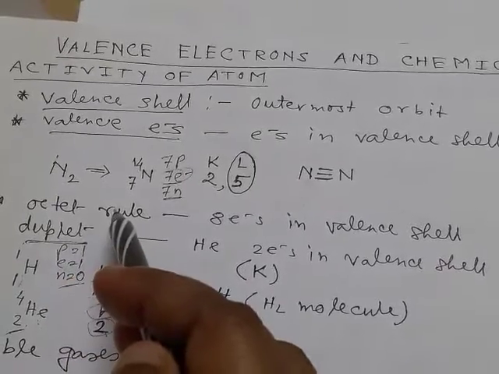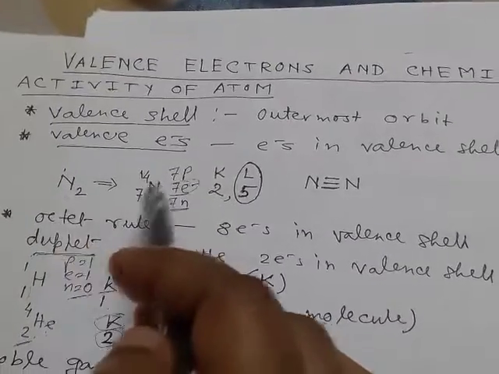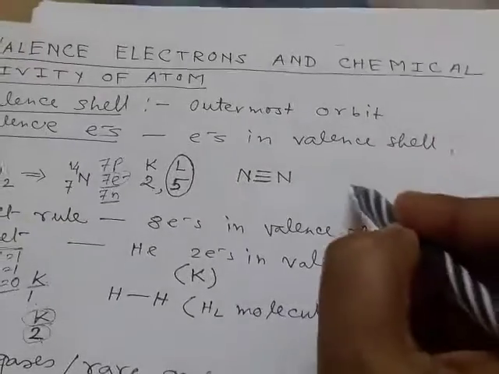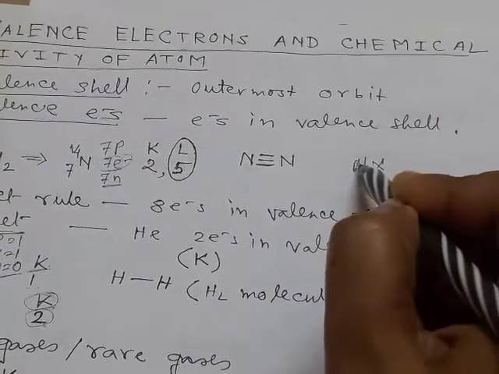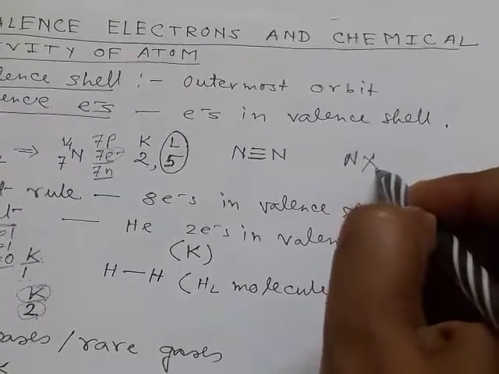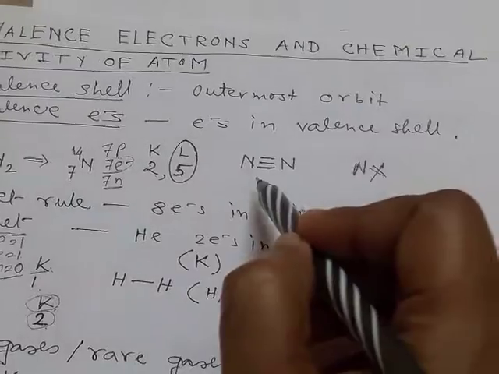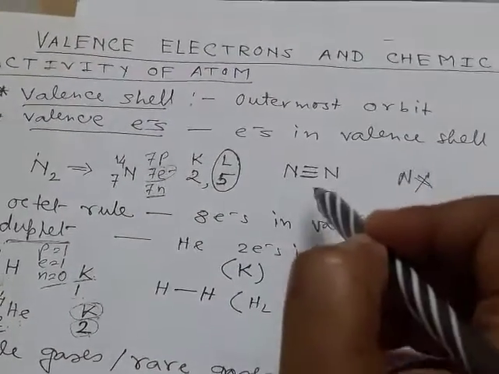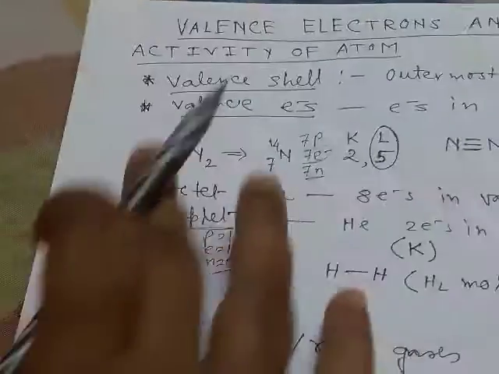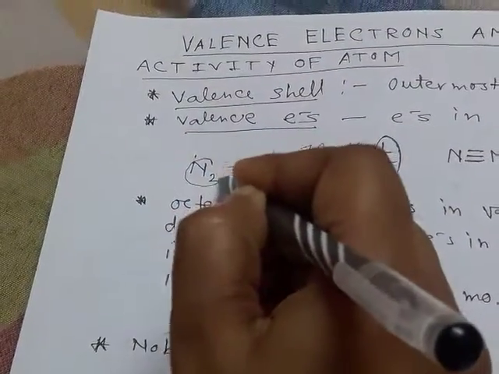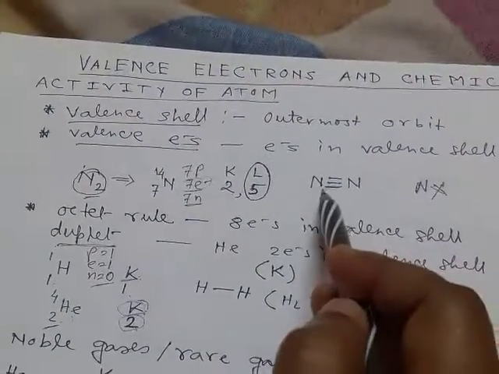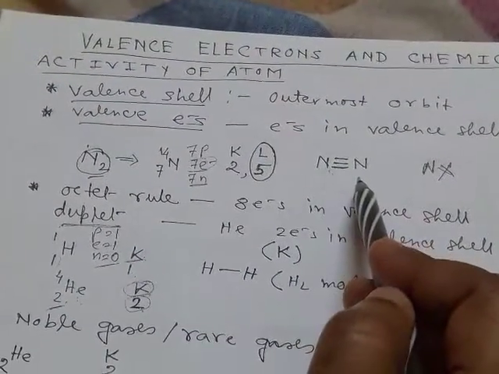For example, the nitrogen atom cannot exist as a single atom. Nitrogen is always present as the nitrogen molecule, in N2 form, that is, two nitrogen atoms combine to give the nitrogen molecule.